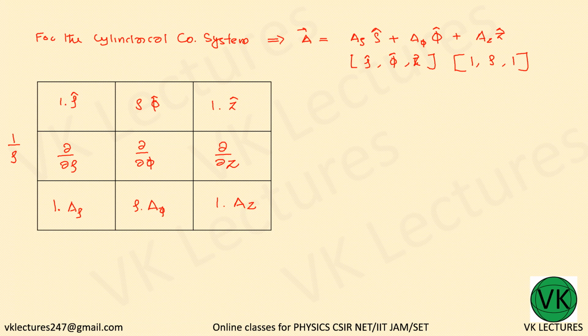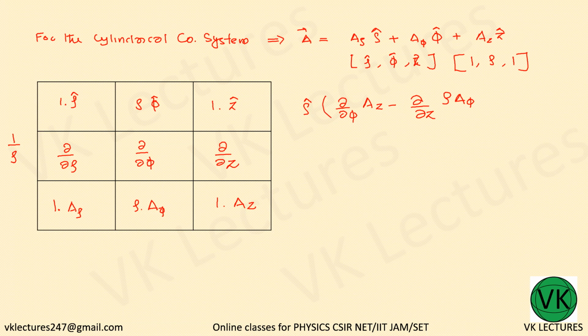So this can be written as rho cap into dou by dou phi of Az minus dou by dou z of rho A phi.